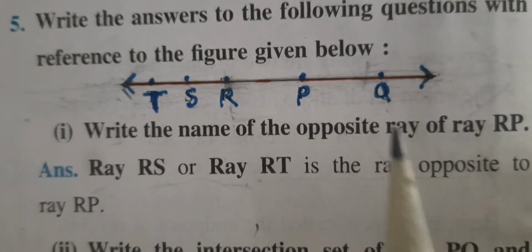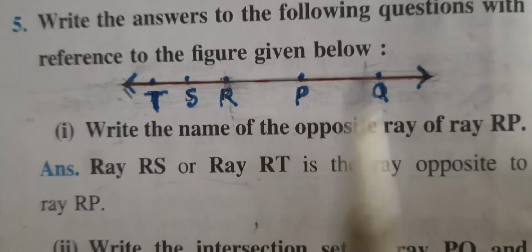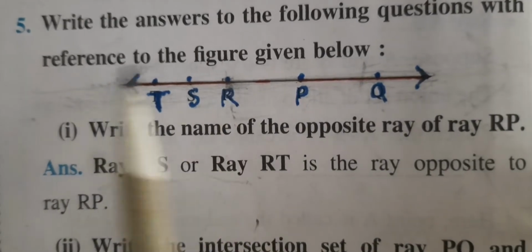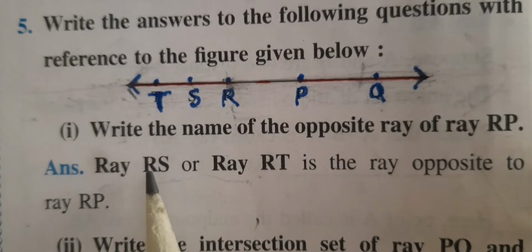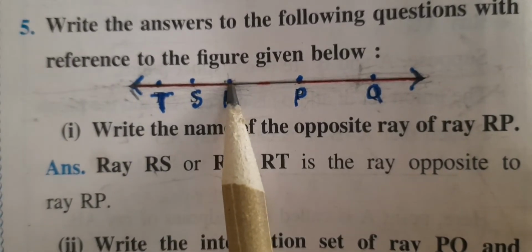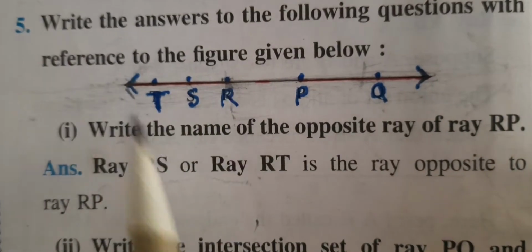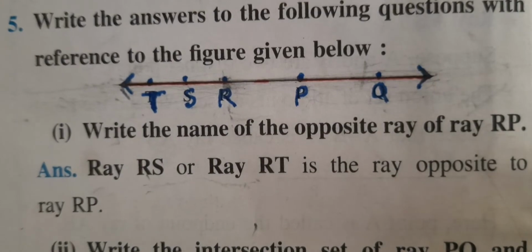Now RP can also be named as ray RQ. The opposite ray of this will be in the opposite direction but with the same starting point R. So in the answer, the name of the ray will start with letter R. So you can call it ray RS or ray RT, which is one and the same ray, the ray opposite to the ray RP.